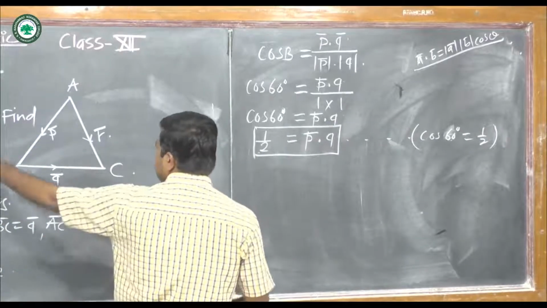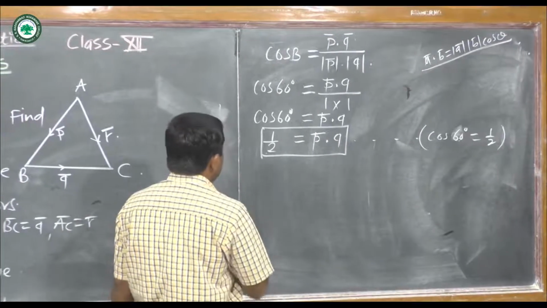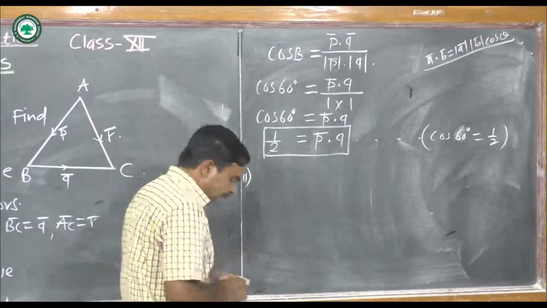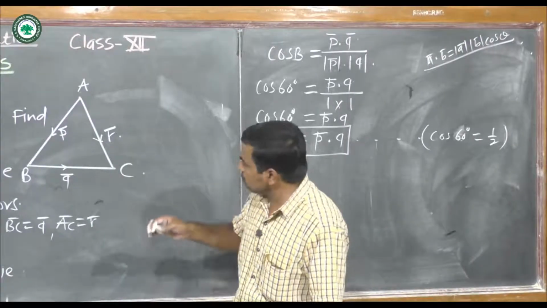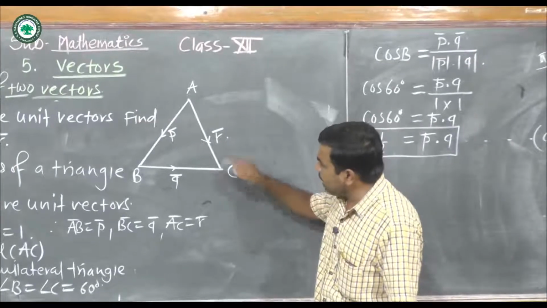Now we have to find out, in the second sub question, P bar dot R bar. P bar dot R bar means we have to consider the angle between P bar and R bar.